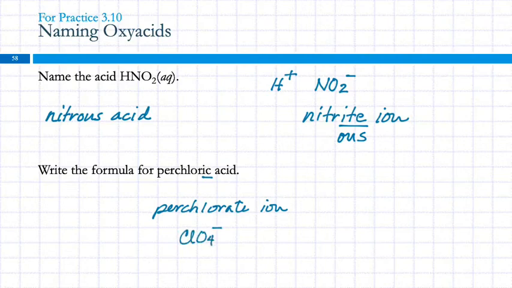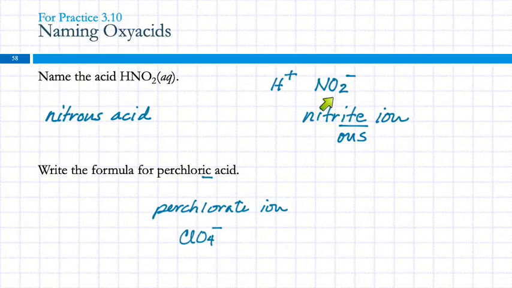ClO4 with a -1 charge. We memorize that chlorate is ClO3 minus. Perchlorate has an extra oxygen, same charge. So chlorate is ClO3 minus. We just memorized that one. And perchlorate means it's got an extra oxygen. The charge is the same.